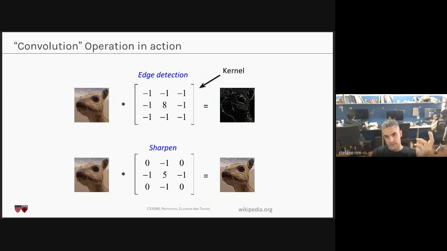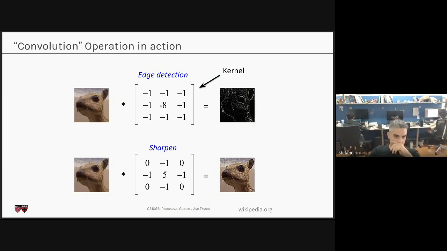For example, if you take this kernel, which is an edge detection kernel, and you take the convolution with this image, you see that the result traces out the edges of the image. Intuitively, you take 8 to be your center pixel, so there is a certain weight that you assign to the pixel in the image, and from this you remove the intensity of all the pixels around this pixel.